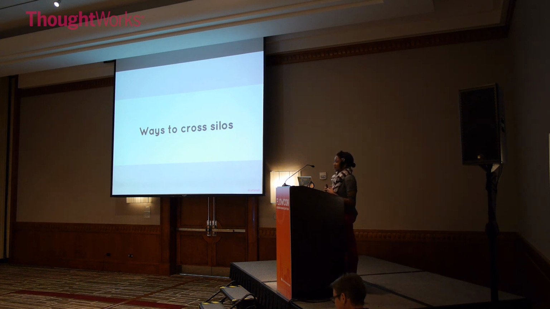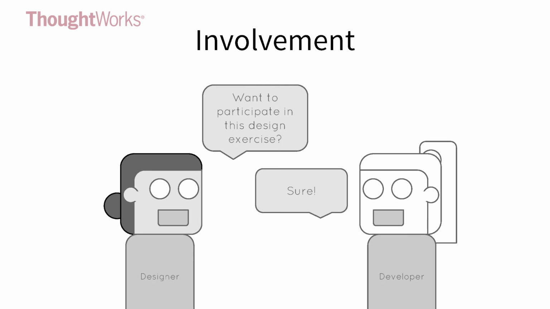So if you have a team that's very open to trying new things, or a manager that's very open to trying new things, then you may find that it's easier to test stuff out. But if you don't, then you might have to just sneak around and do it anyway. So the easiest way, just ask people if they want to participate in things, invite people to certain meetings, say, hey, do you want to participate in this design exercise?